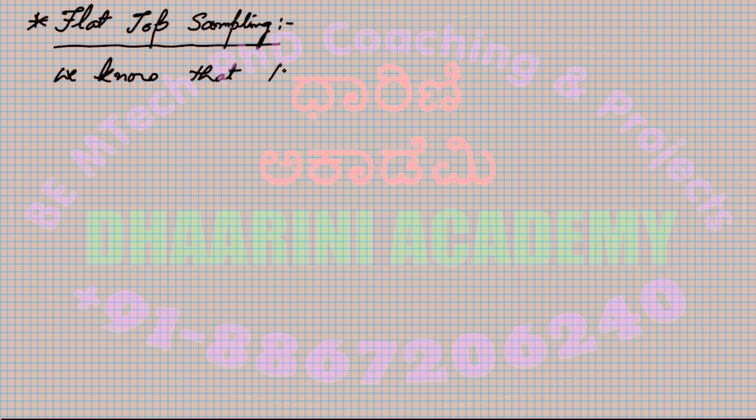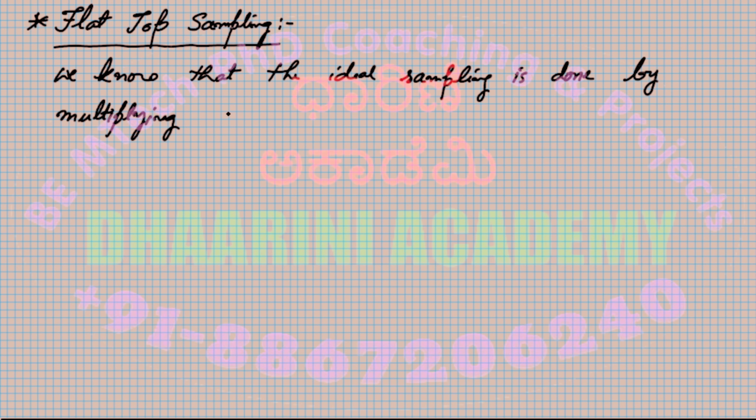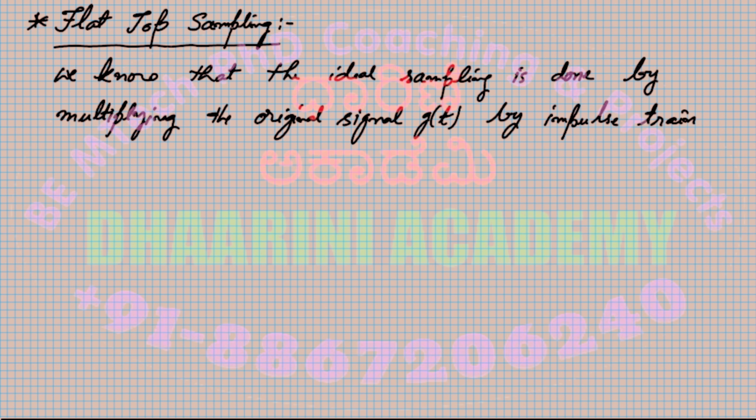We know that ideal sampling is done by multiplying the original analog signal, denoted by g of t, by an impulse train.